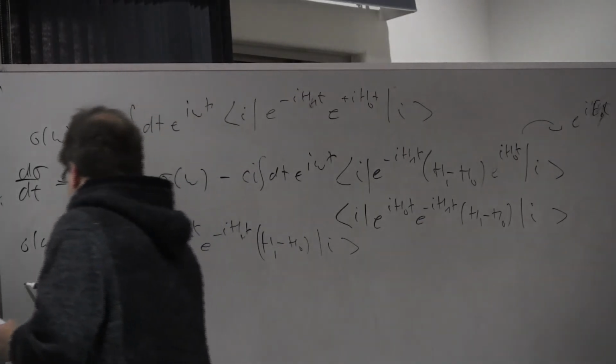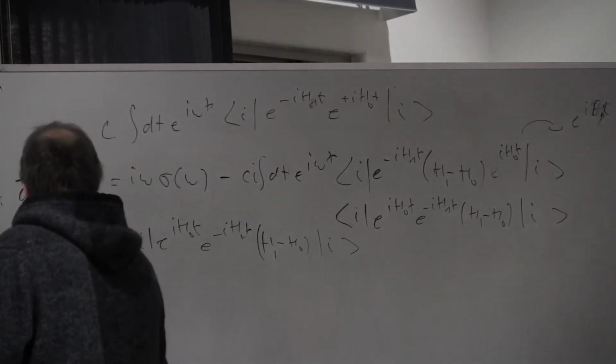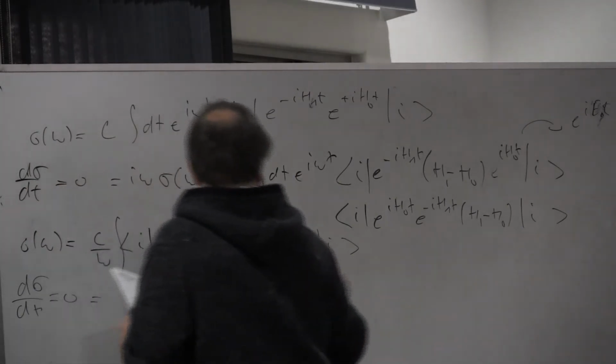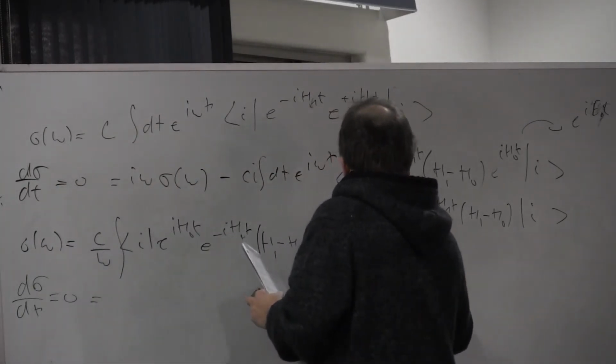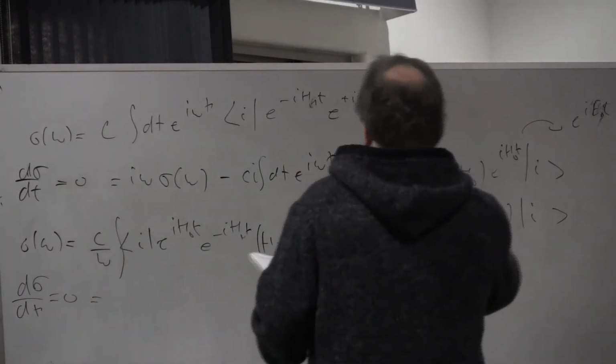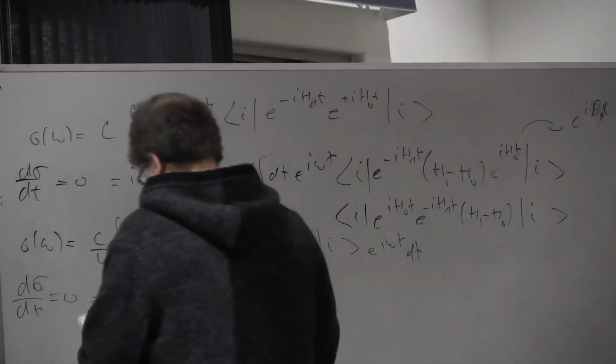And now, again, d sigma by dt equals 0. I get the phase out again.